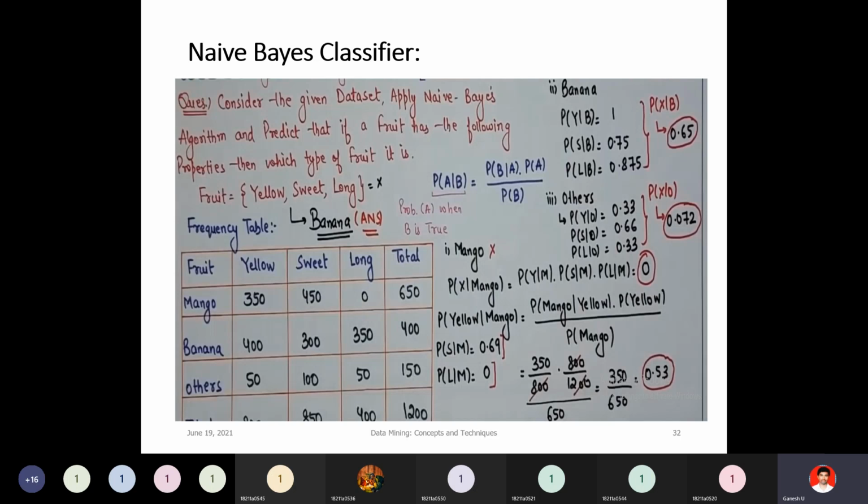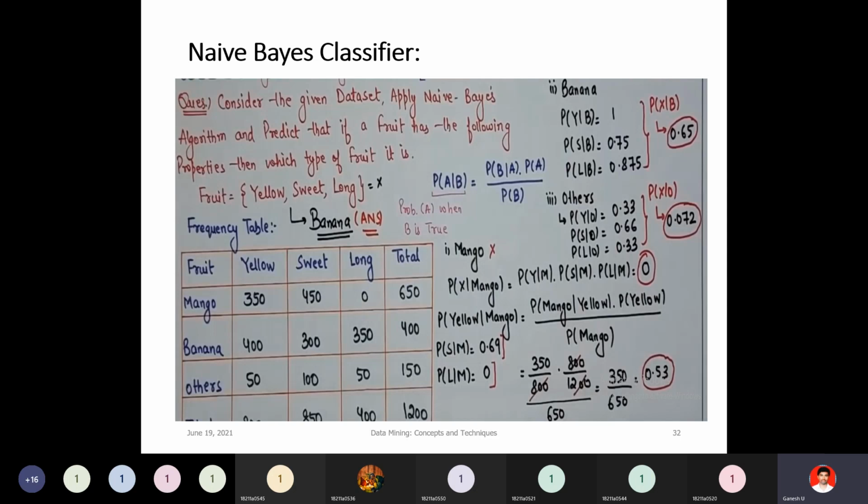Yellow is 800. In yellow, how many mangoes are there? 350 by total 800. So P of mango by yellow is 350 by 800, because total yellow are 800 and in that, yellow mangoes are 350.